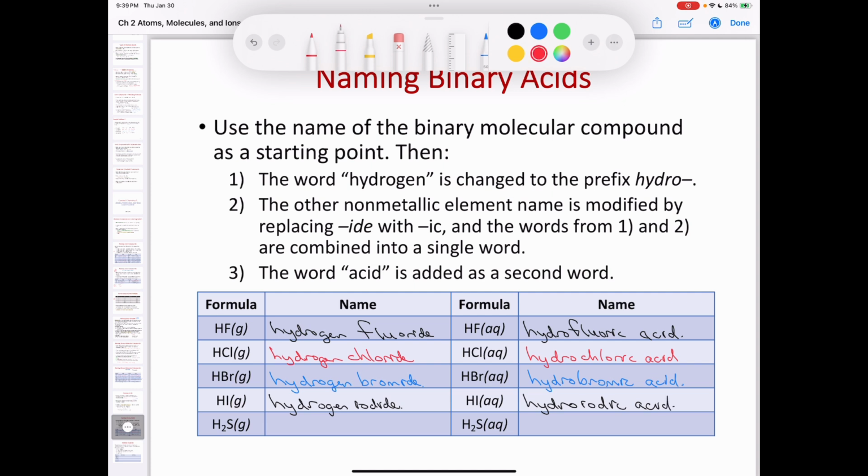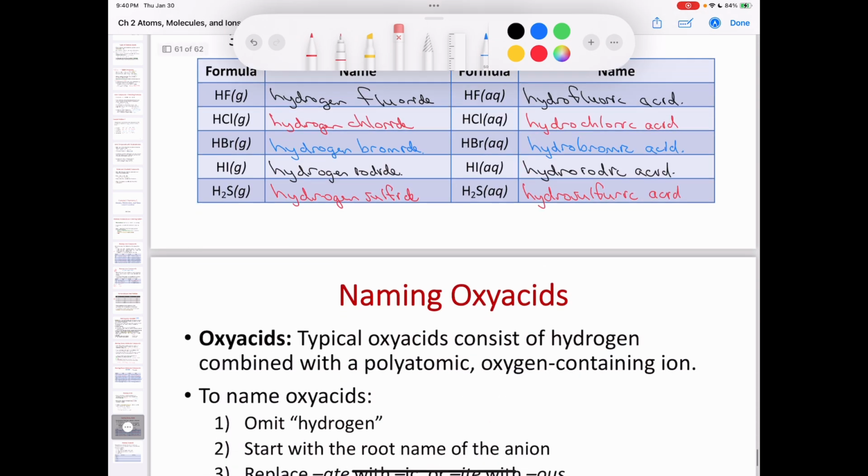And the last one, this would be hydrogen sulfide, and so this would be hydrosulfuric acid. It's not sulfuric acid. Sulfuric acid would be H2SO4, okay? And so this is not sulfuric acid, this is hydrosulfuric acid.